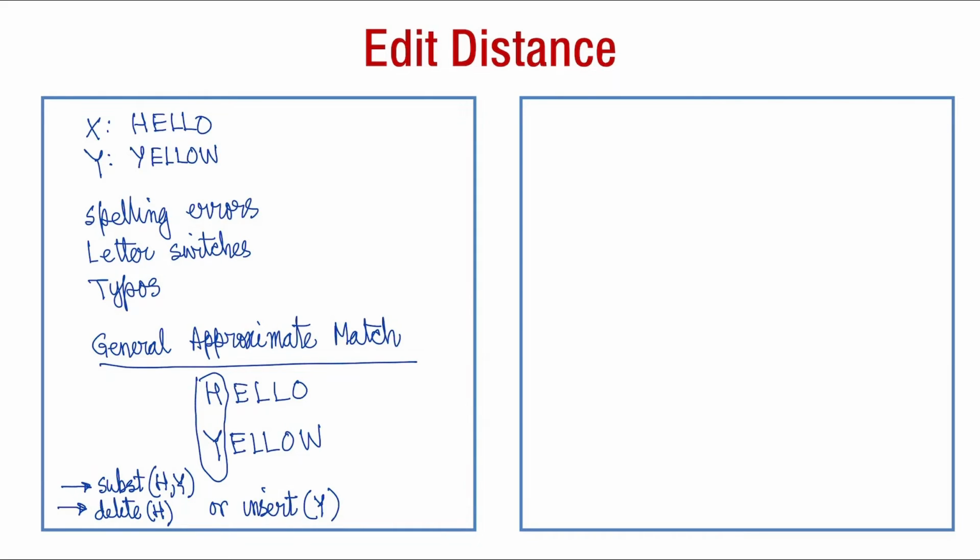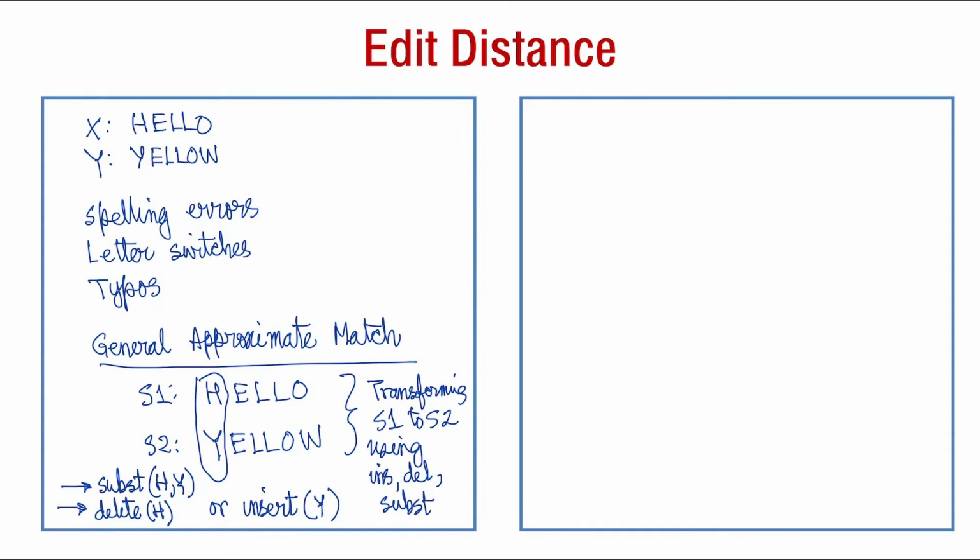So we want to see how we will transform hello to yellow. Suppose this is S1 and this is S2, we are looking at transforming S1 to S2 using insert, delete, substitute operators, and we will assign costs to each one of these operators.